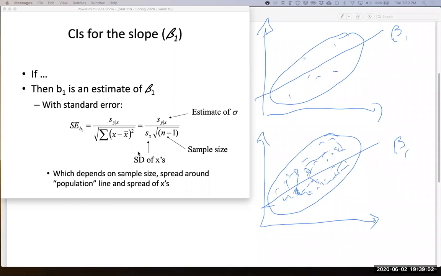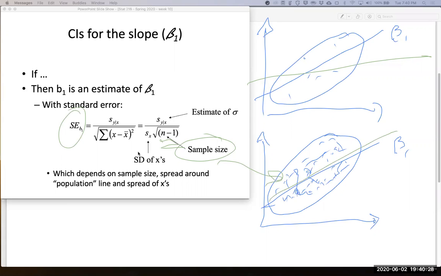Now, with a lot of data, my thought is you could estimate quite precisely the truth. Your sample slope may be a little bit off, but with a small amount of data, your sample slope might be quite a bit off. The illustration here is meant to suggest more data, smaller standard error in the slope. Our slope is more precisely estimating the unknown population trendline slope.